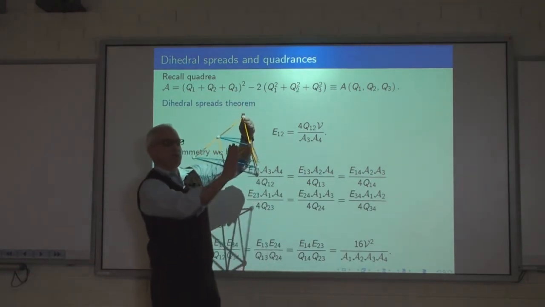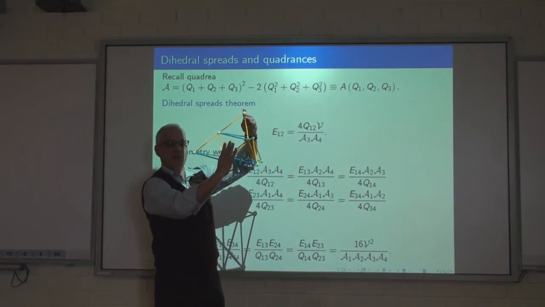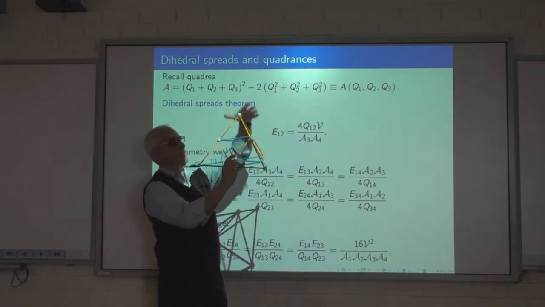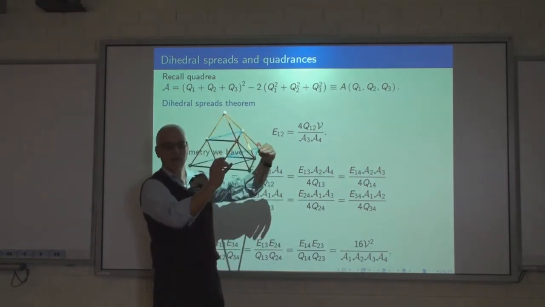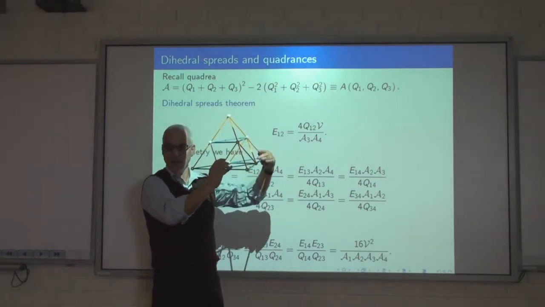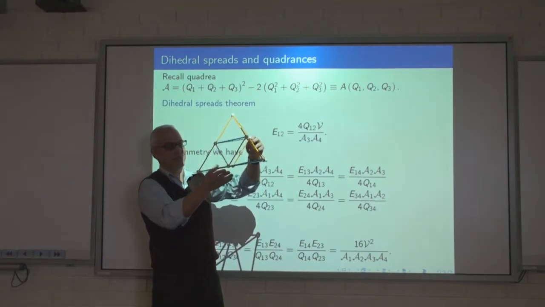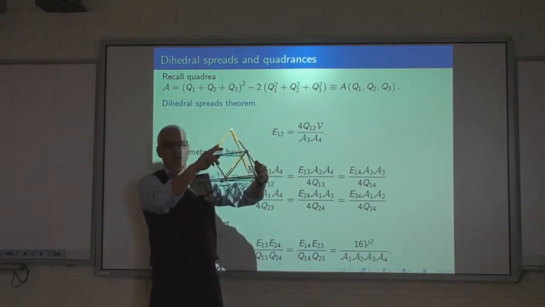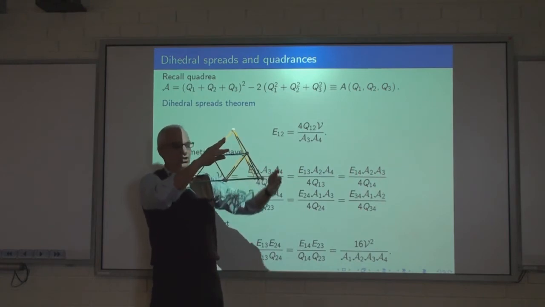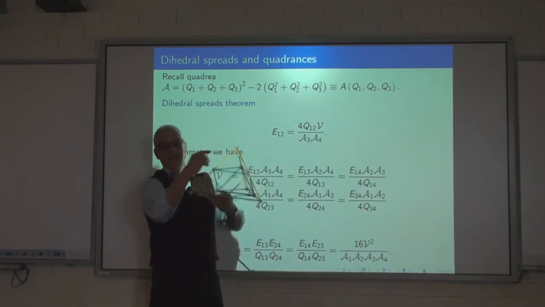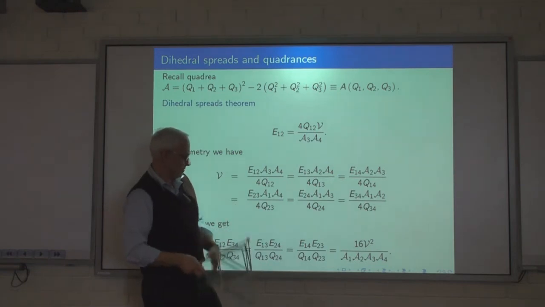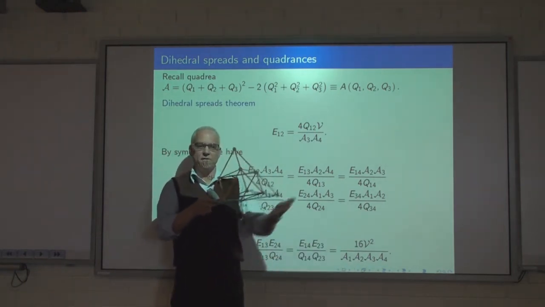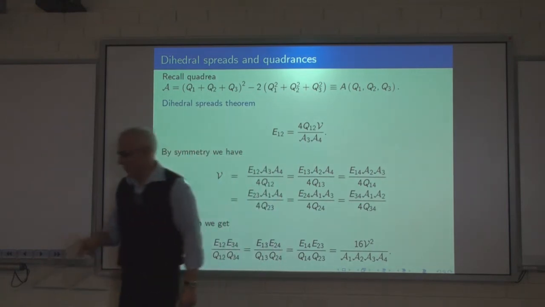So what I'm saying is that if you calculate that edge spread and divide it by this quadrance, and then calculate this edge spread and divide it by its quadrance, that quantity only depends on the tetrahedron. It doesn't depend on the choice of two edges that you took. If you take another pair of opposite edges, you get the same number. What you get, in fact, is 16 times the quadroon squared divided by the product of the quadreas of the four faces.